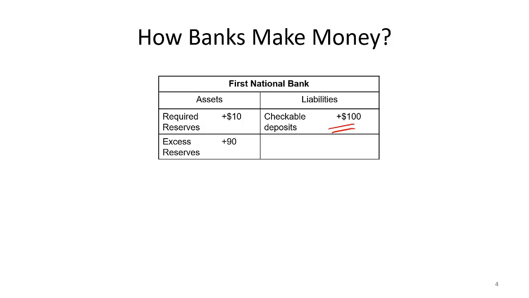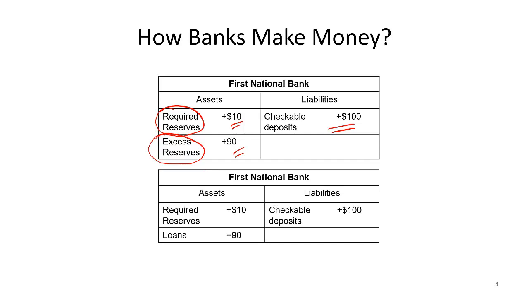On the asset side, it shows up as required reserves and excess reserves. Required reserves are required by law. That means they have to keep them to satisfy the Fed's directions. However, the excess reserves are the money that banks can use for lending, and that's where the asset transformation happens.